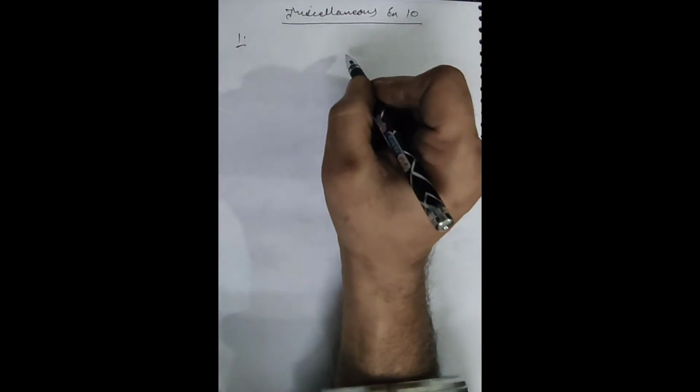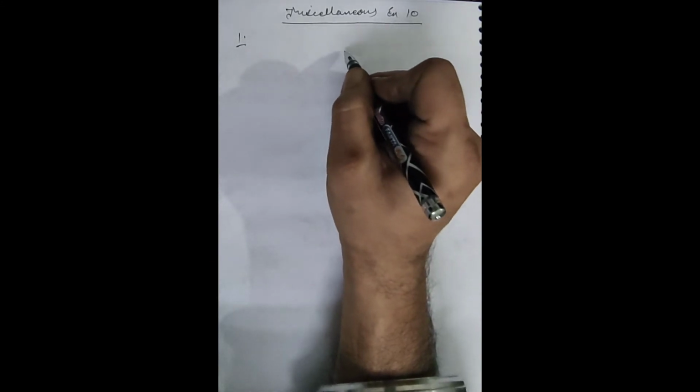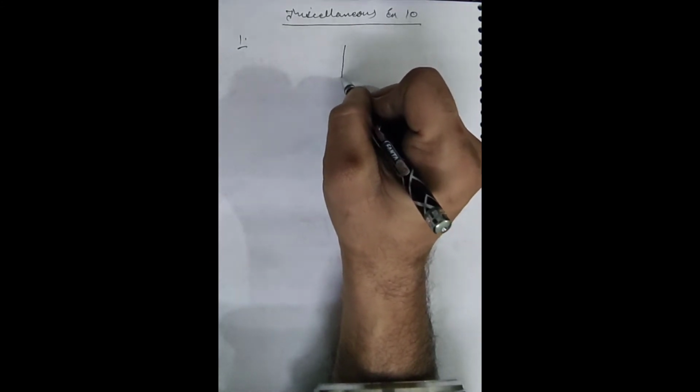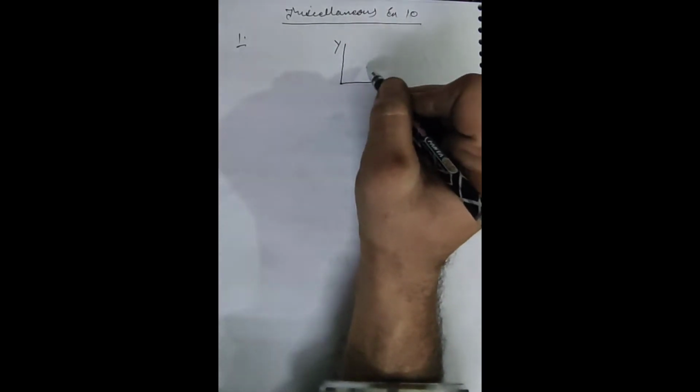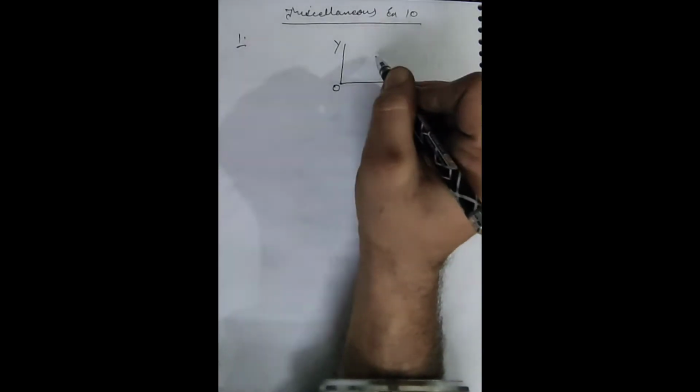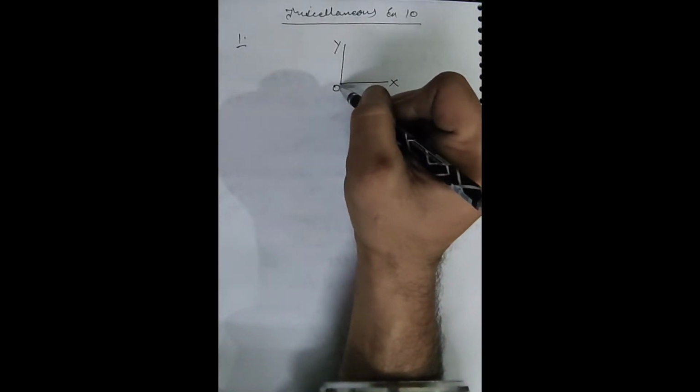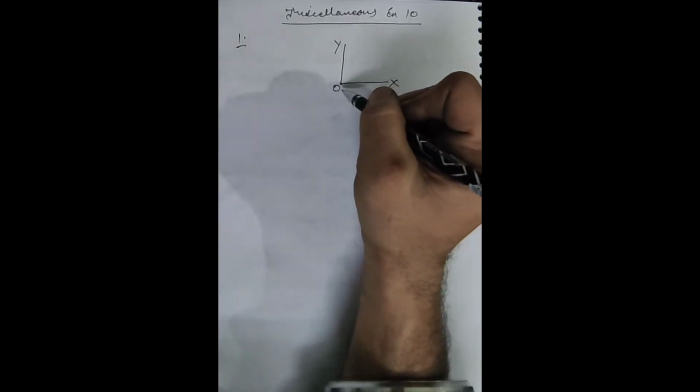First of all, we have to understand what xy plane means. If this is the x-axis and this is the y-axis, then the plane defined by these two will be the xy plane, which means there is no component of the vector required along the z-axis.